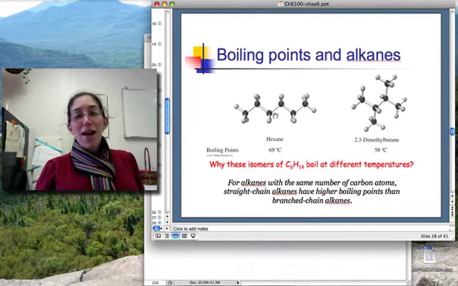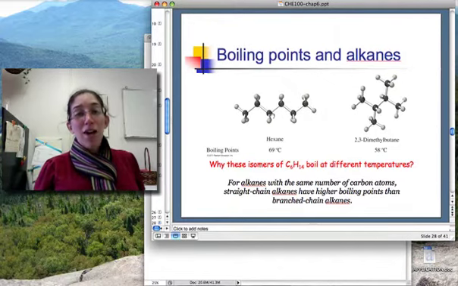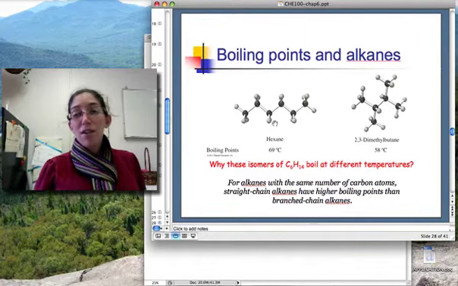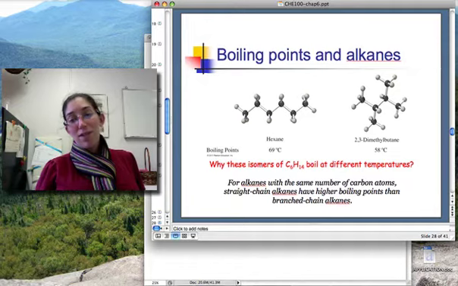You'd think that they would have the same London forces because they're the same size. Let's first point out, they're both nonpolar, so the only attractive forces between them are London forces. And you would think they're the same size, they have the same number of carbons and hydrogens, so they must have the same strength of London forces. But they don't, okay?